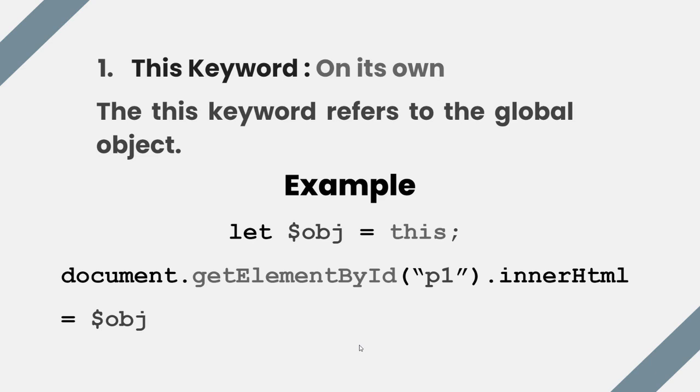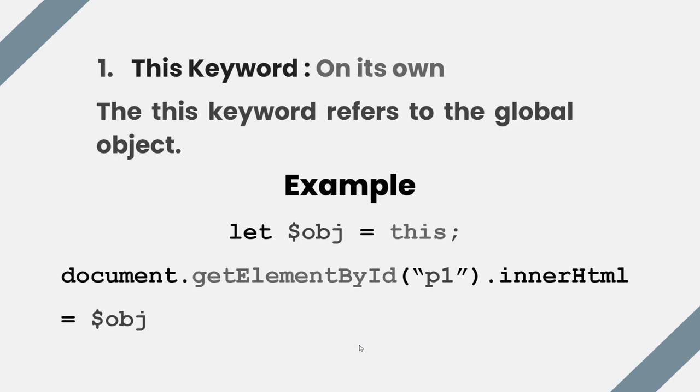So here is an example of how this could look. You can see that we declared a variable $obj with the let keyword, and it is assigned the this keyword itself.